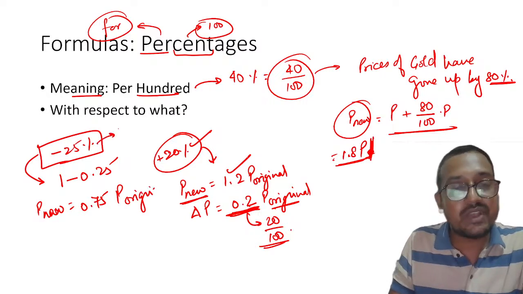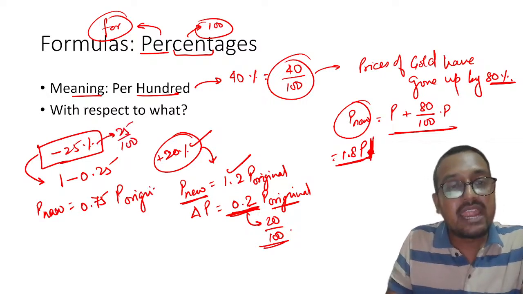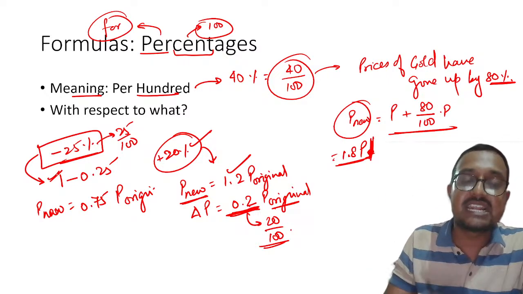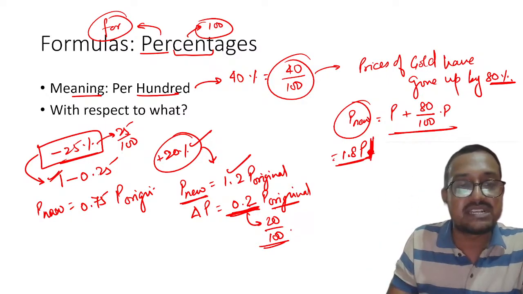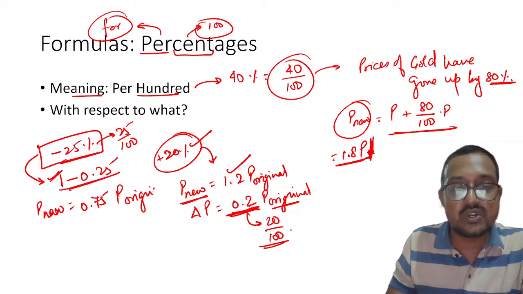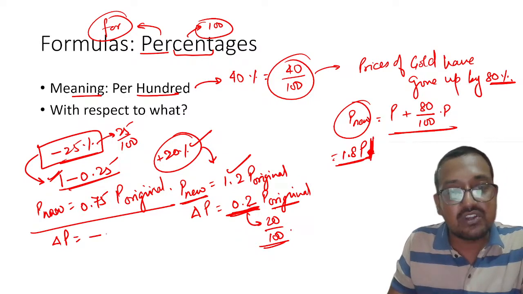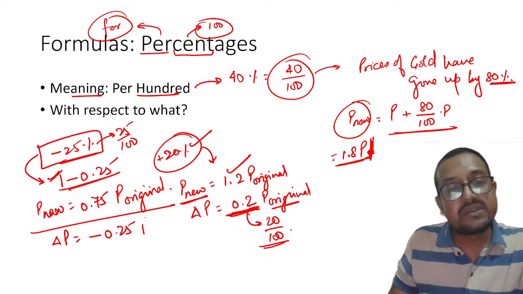Understood? 25% means 25 by 100, and since there is a reduction, the total percentage is 100% minus 25%, that is 75%. So new P is 75% of P original. What is the decrease, the change in P? That is equal to minus 0.25 P original.